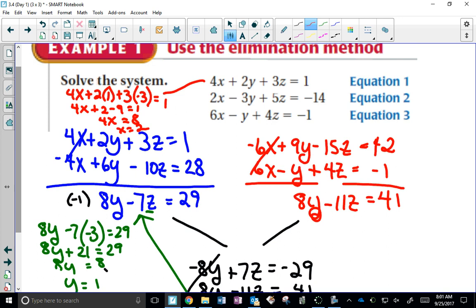Because it drives me crazy to look all over your paper and wonder what did you do? It's hard enough to follow when it's in an order, much less when it's chaos. So I need to see some kind of order, and you want to do some kind of order for your own good, even though it's a lot of work. You're only going to have 3 or 4 problems for homework, and you're probably going to get done with it in class. So that's why we only have 11 slides.